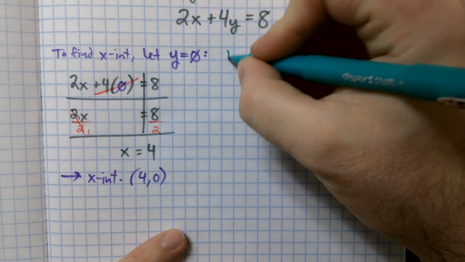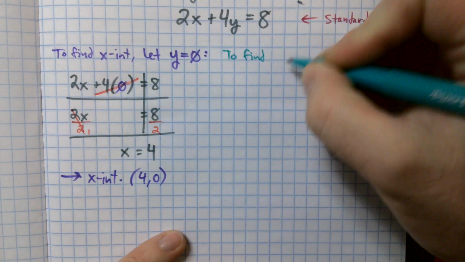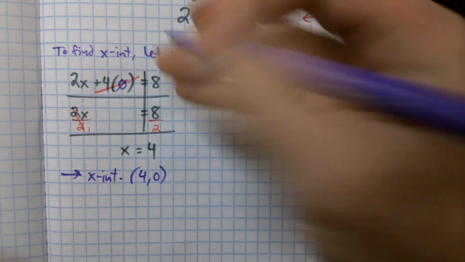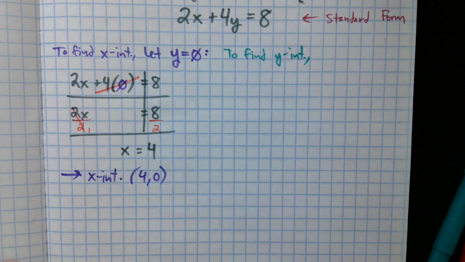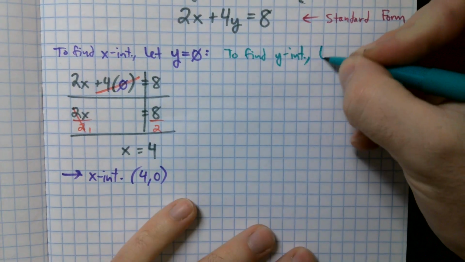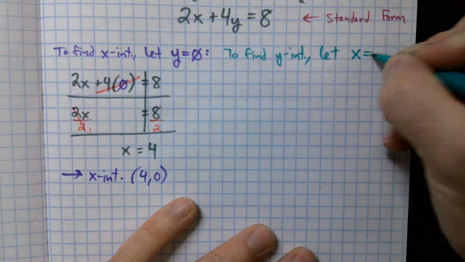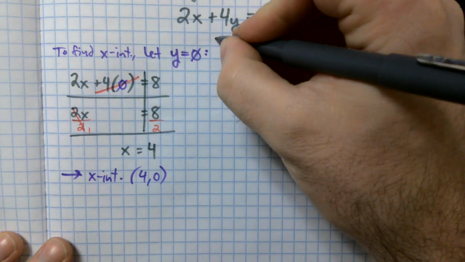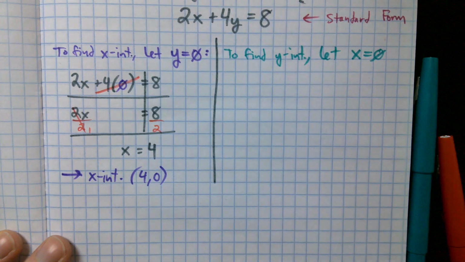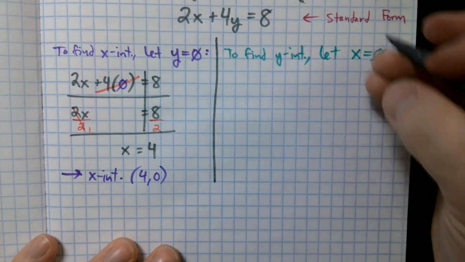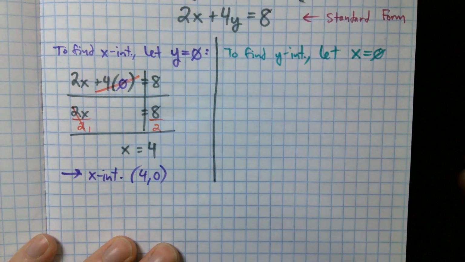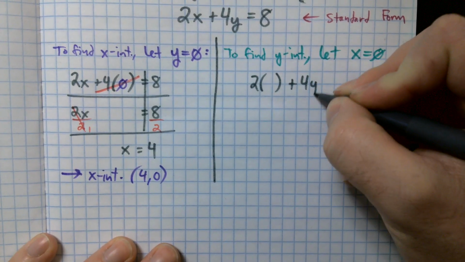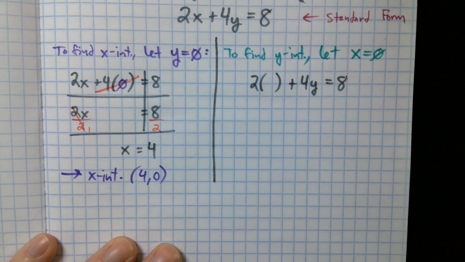Let's find the y-intercept. To find the y-intercept, what do you think we're going to let equal 0 this time? X. The x. We're going to let x equal 0. So my original standard form equation turns into 2 times 0 plus 4y equals 8.